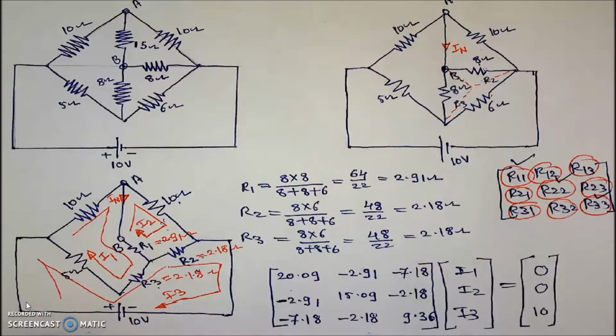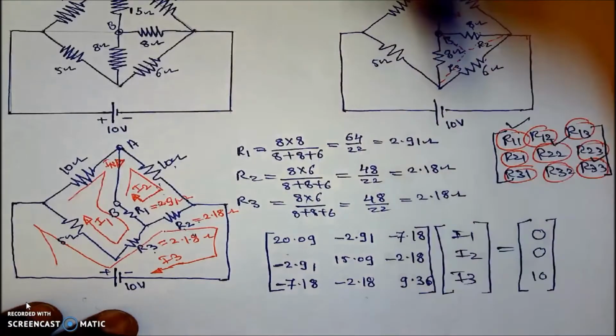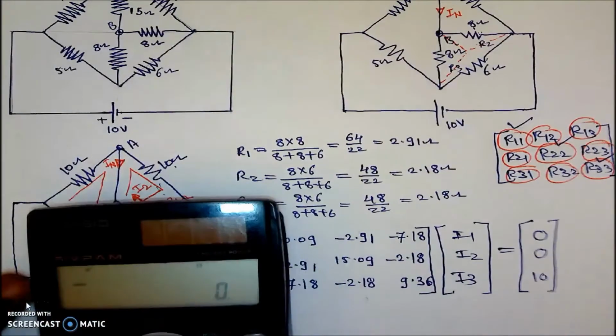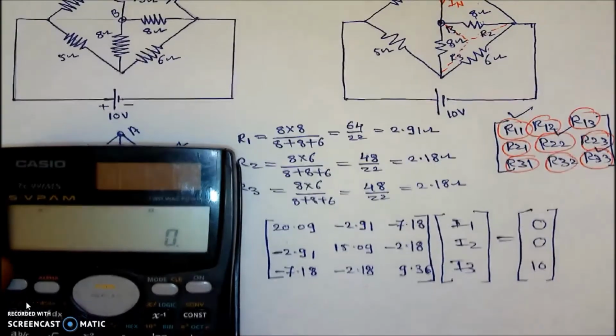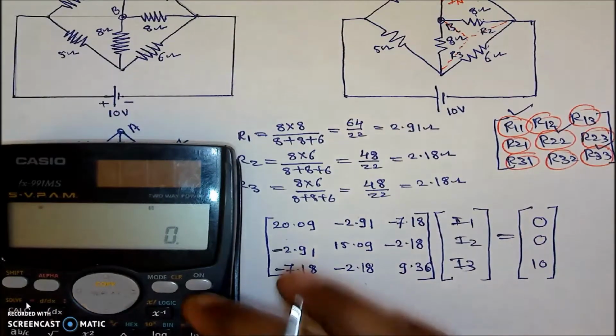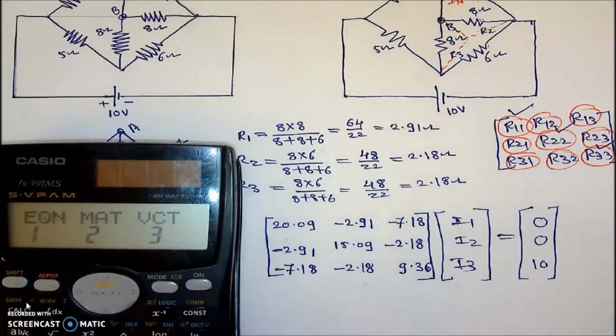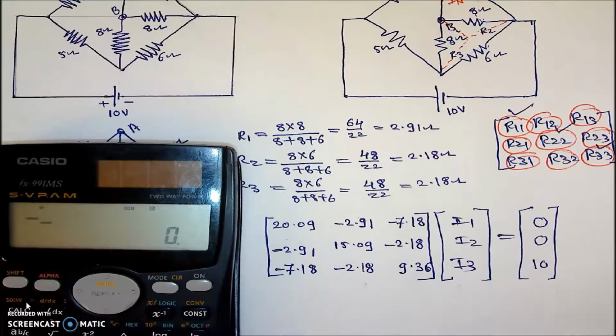If we know all these constants, then we can use the calculator and find the currents, that is I1 and I2 in this particular case. I will use the calculator, go to the equation mode, that is 1, unknowns are 3. First is 20.09, then minus 2.91, then minus 7.18, constant is again 0.